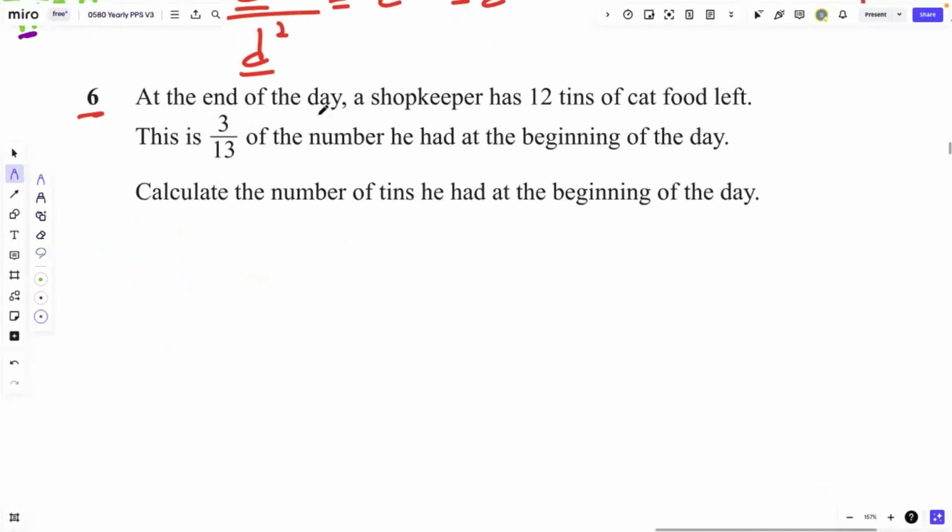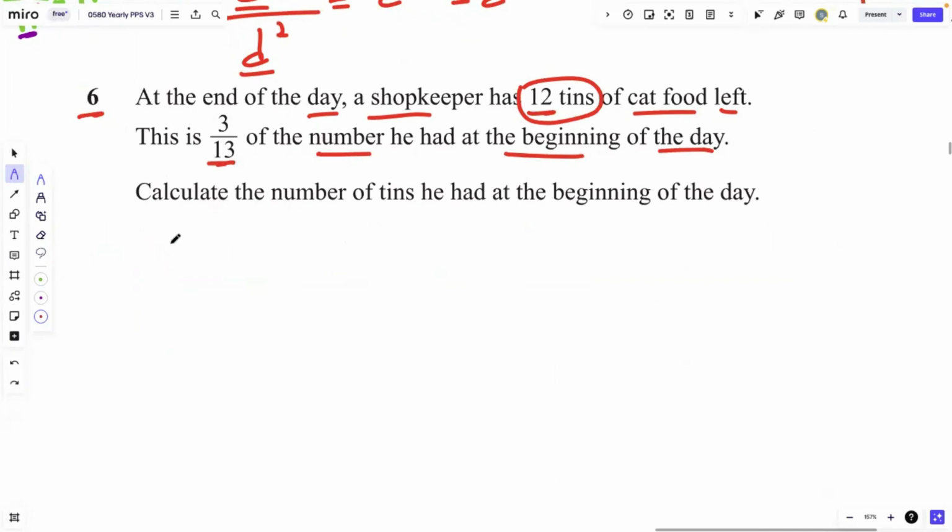Question 6. At the end of the day, a shopkeeper has 12 tins of cat food left. He has 12 tins. This is 3/13 of the number that we had at the beginning of the day. What is 3/13 of the number here?